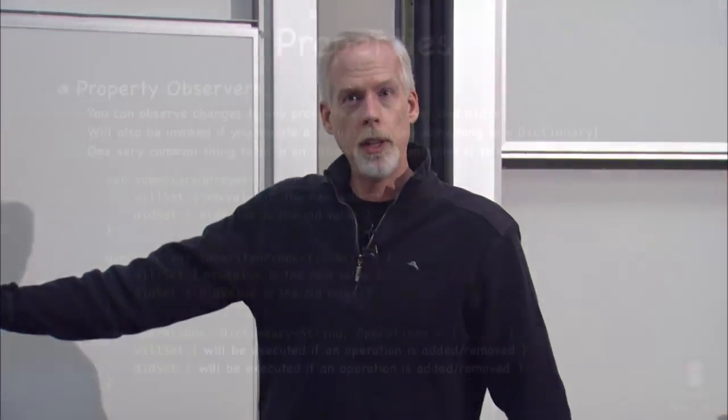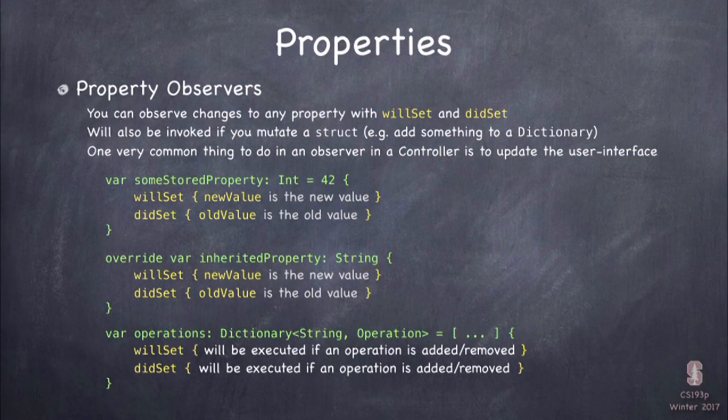And then did set: that code runs after some property has been set, and the special variable in there is old value. That's the value it used to have before it got set. So you can compare, to see if they've changed, for example. So where do we use these things? Probably the number one place we use them is in our controller and view.